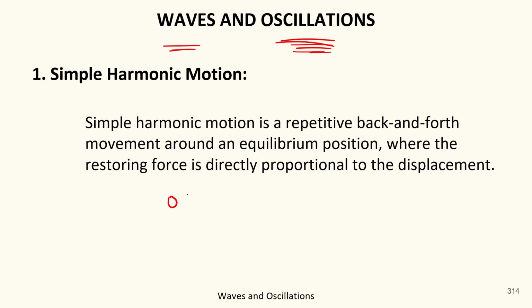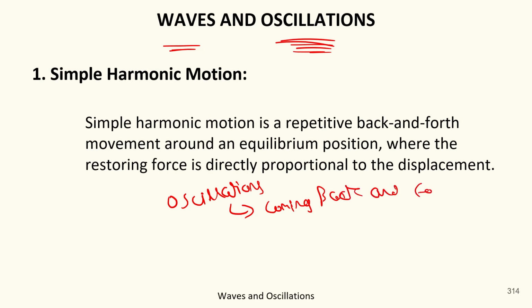Basically, in simple terms, oscillation is coming back and forth in direction. It is a simple definition of oscillation. Okay. So let's take an example.